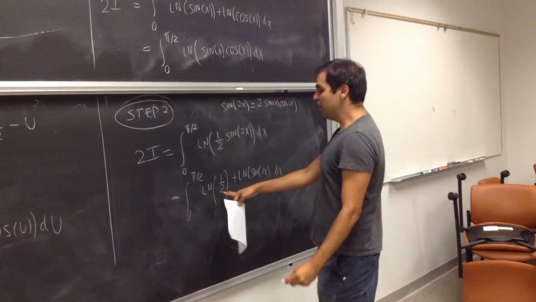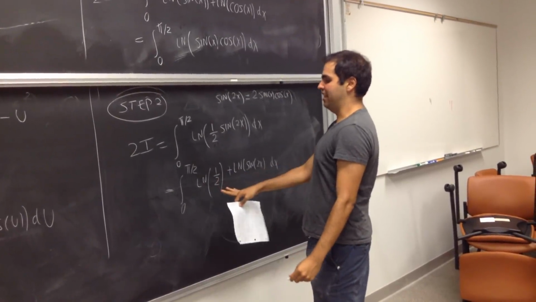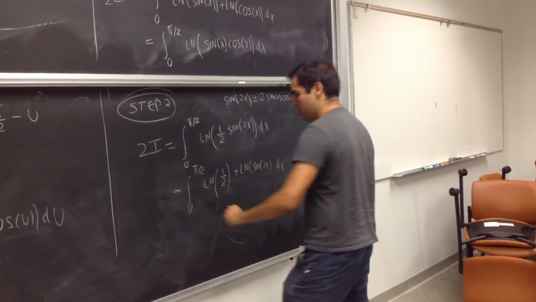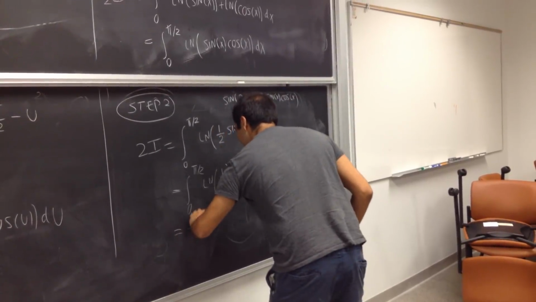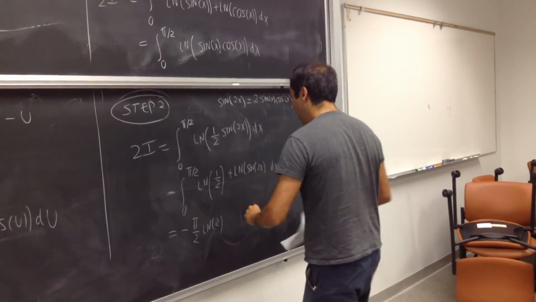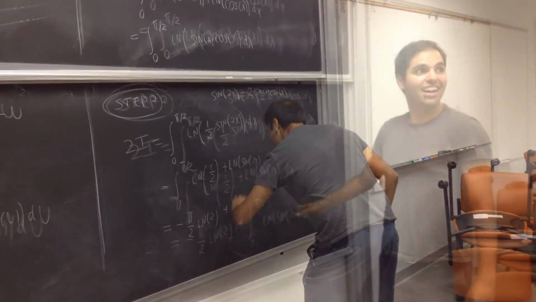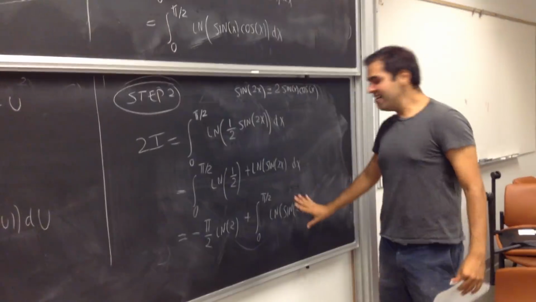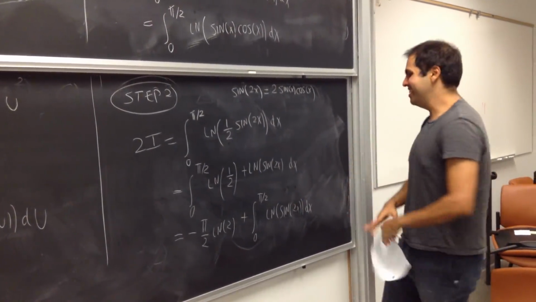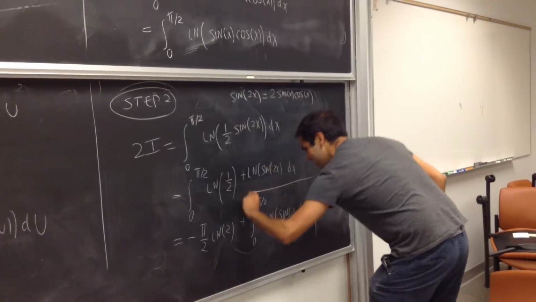But again, ln of 1/2 is minus ln of 2, and if you integrate that constant from 0 to pi over 2, you in fact get minus pi over 2 ln of 2 plus this junk. I did turn this into a very complicated integral, but again, just be patient, as Barney says, wait for it.